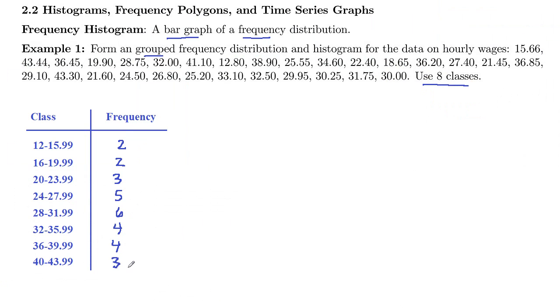So there's our frequency distribution, and we've got 8 classes that cover all of our values from smallest to largest. Now we want to go ahead and sketch our graph.